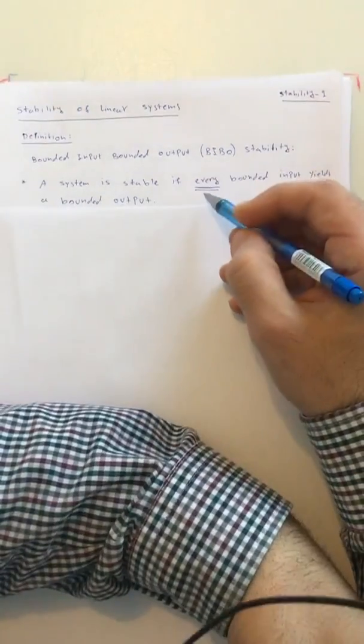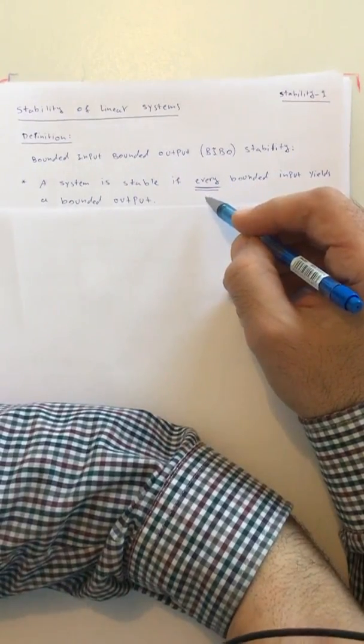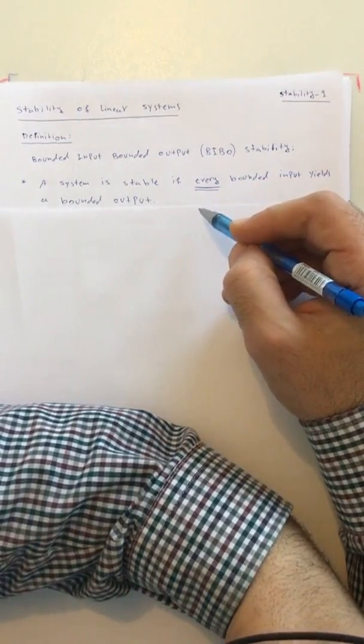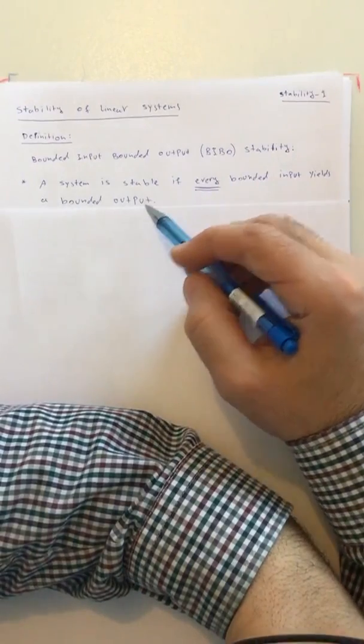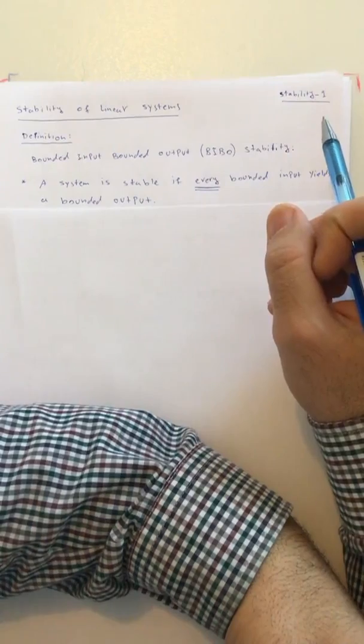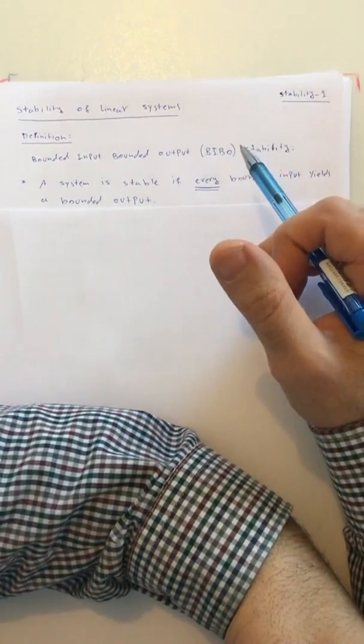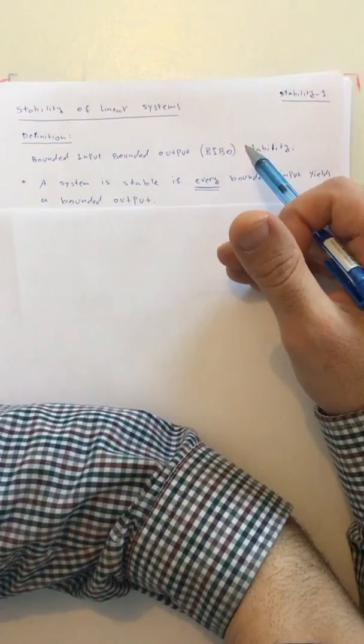I should actually emphasize this "every" here, which means that if you want to prove the stability using the definition, you should try all possible bounded inputs. And if the output to all those inputs is bounded, then the system is stable.